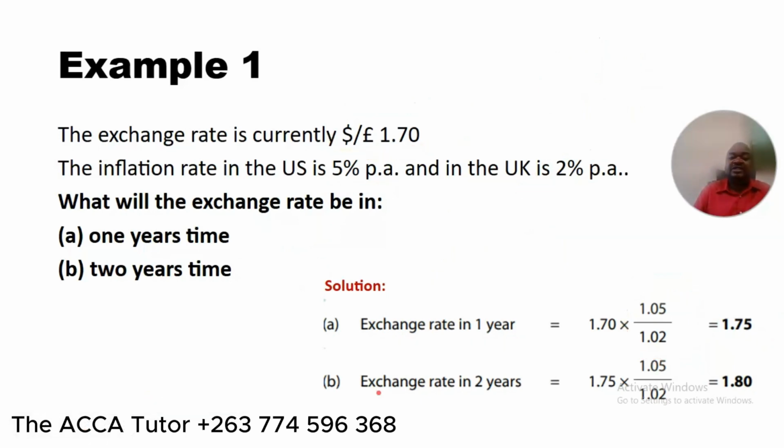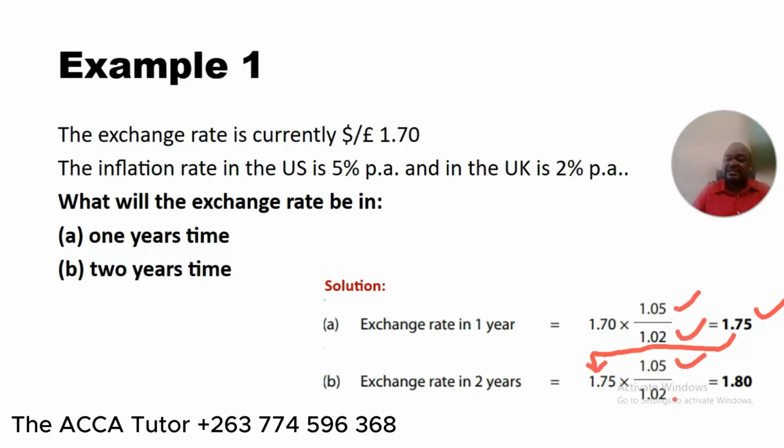So that's the trick, ladies and gentlemen, and we need to be very vigilant. You first calculate the rate for year 1, and then you take that figure, start with it as your spot rate, and then you adjust. You can see that these ones are just the same.